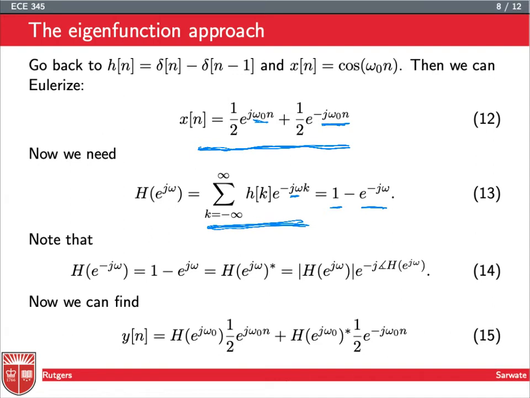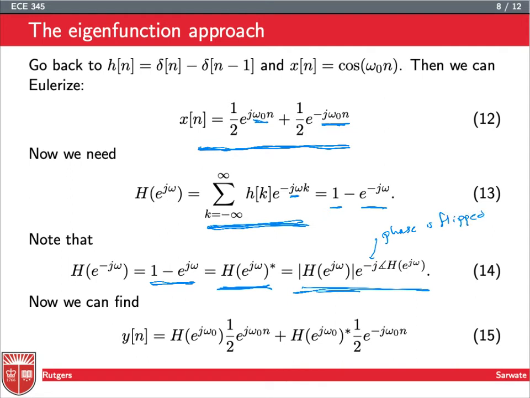If I look at this function h of e to the j omega, and I plug in a minus there, then I get 1 plus e to the j omega. The important thing to note is this is actually just the complex conjugate of h of e to the j omega. If I write that in magnitude phase form, it has the same magnitude as h of e to the j omega, but the phase is flipped.